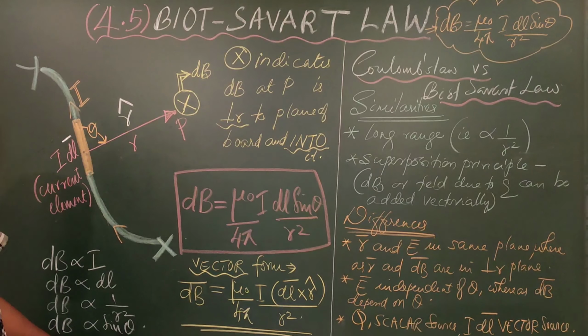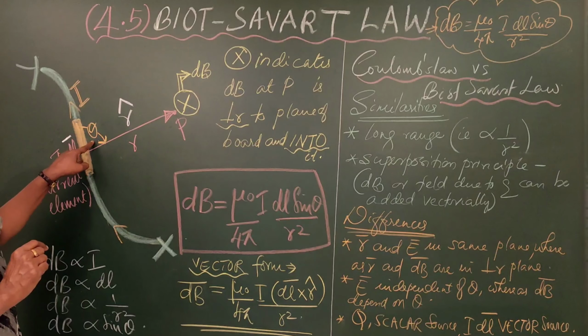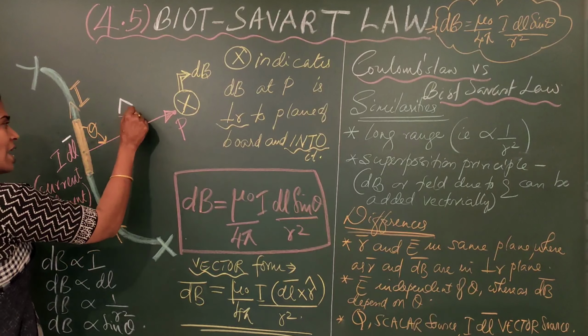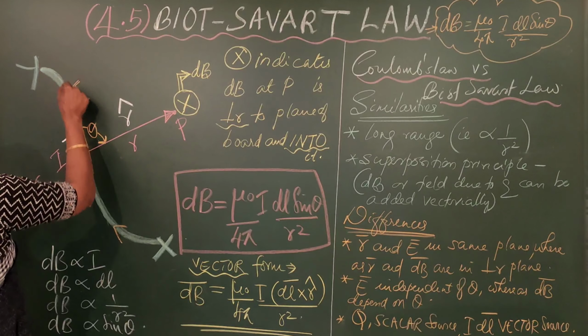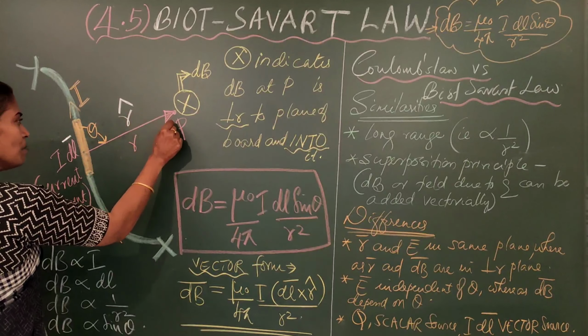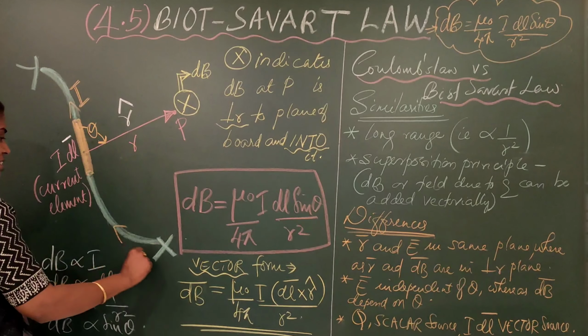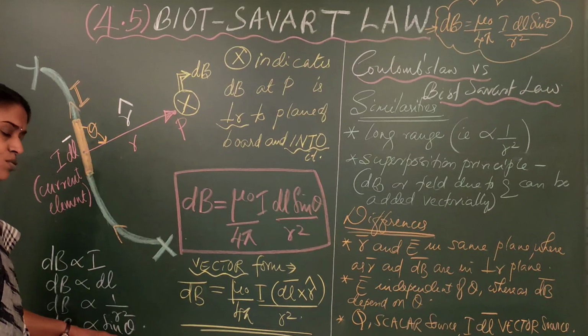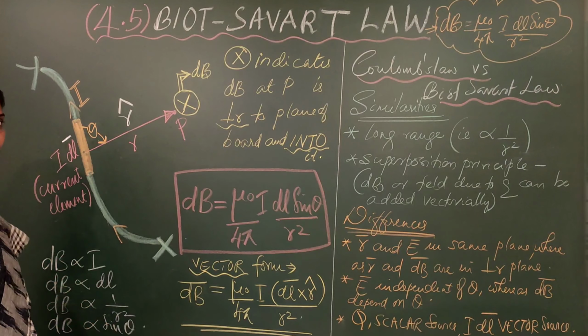And also a new term, sine of theta. If the value of theta is 0, what do you understand? The r cap will be in the direction of XY. It means point P will be somewhere on XY, which means no magnetic field. Theta goes to 0, magnetic field goes to 0.